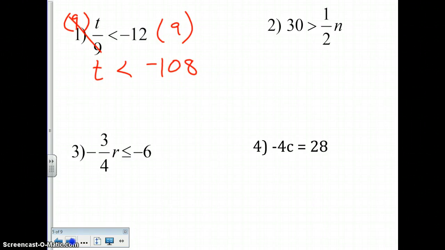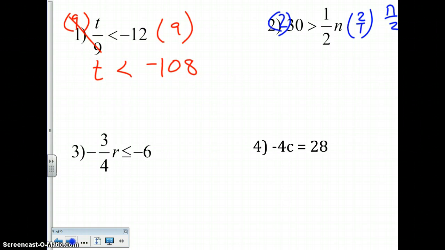Okay, number 2. Here we have 30 is greater than 1/2 n. I could read this as 1/2 times n, or sometimes we can think of it as n divided by 2. Either way, when we're working with fractions, we can go ahead and multiply by the reciprocal. And 2 over 1 is simply 2.